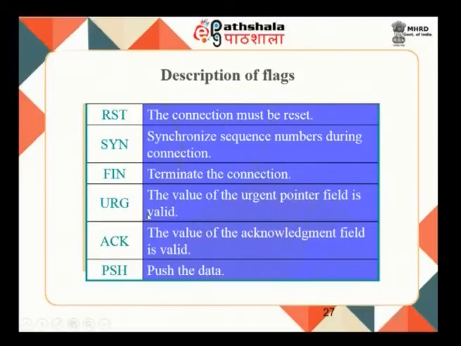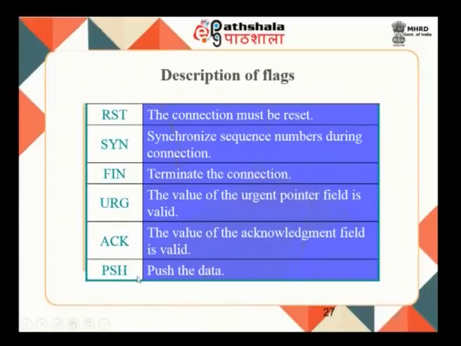In those cases the data will be sent as the initial part of the data segment, and the urgent pointer that we saw in the header field will be set. So, this urgent flag essentially tells us that the urgent pointer field is valid.